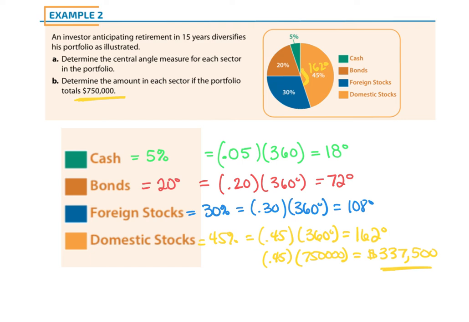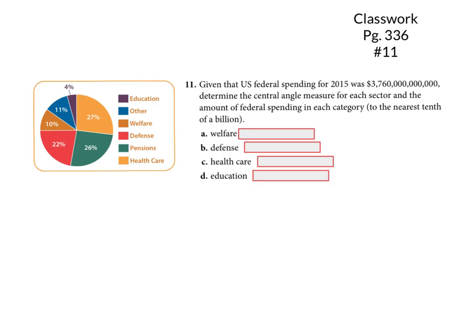Flip back over to page 336. Given the U.S. federal spending for 2015 was that ginormous number, 3,760 billion. That's a lot. To the nearest billion, so just round to the whole number there.